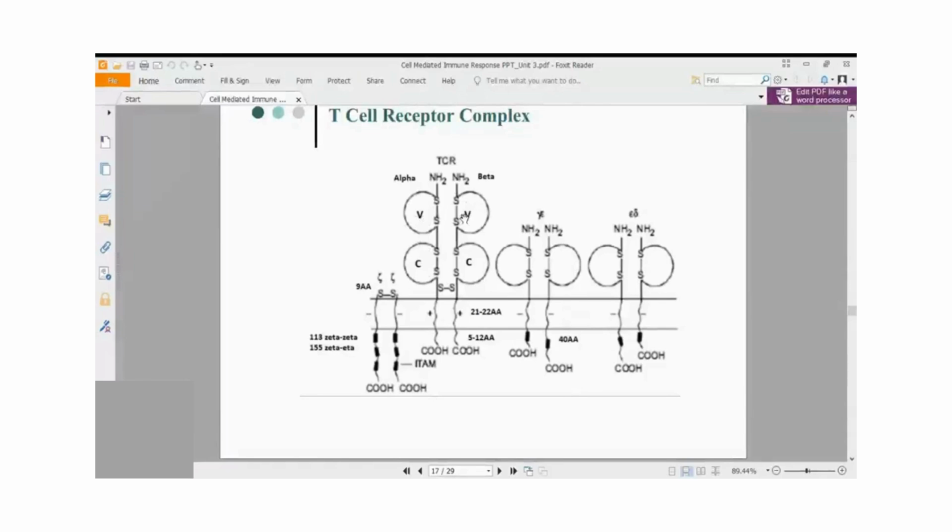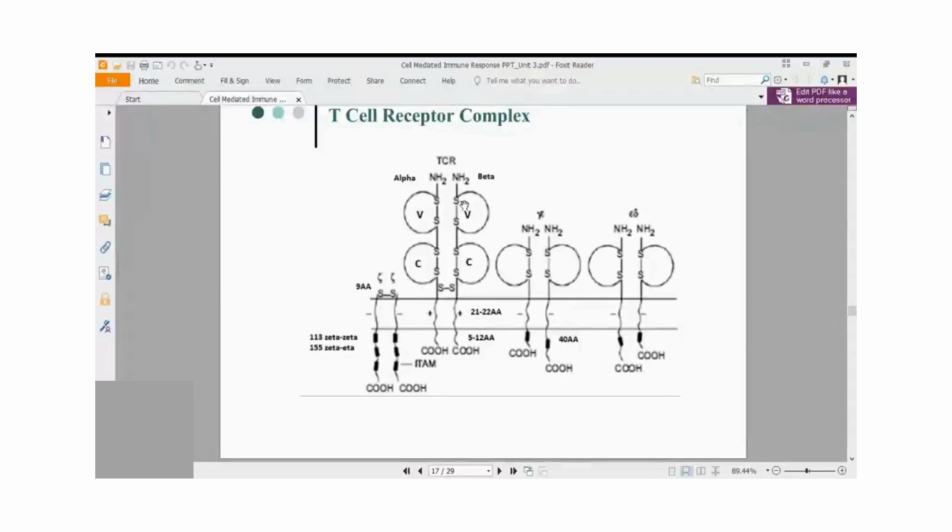Here also, the amino acid sequences are varied as per the requirement of binding to the antigen, because the T cell receptor will establish the contact with antigen, which is presented by the class 1 or class 2 MHC.